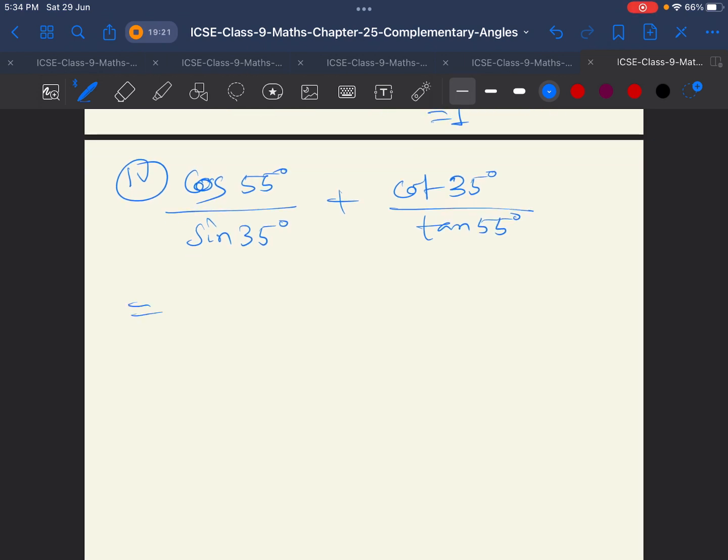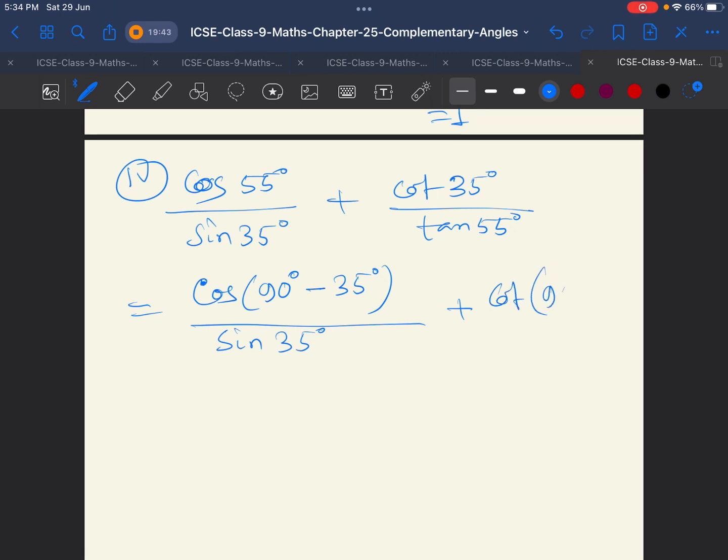Okay, so we can write cos 55, this is cos of 90 minus 35 equals 55, that's okay, by sine of 35 degree plus cot of 90 minus 55 is 35 degree by tan of 55 degree.